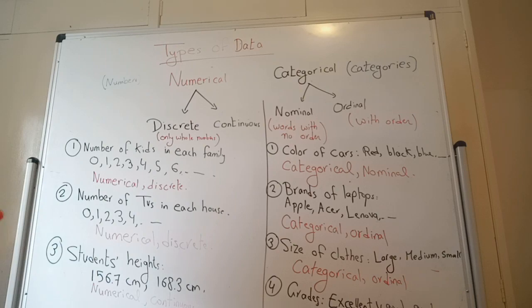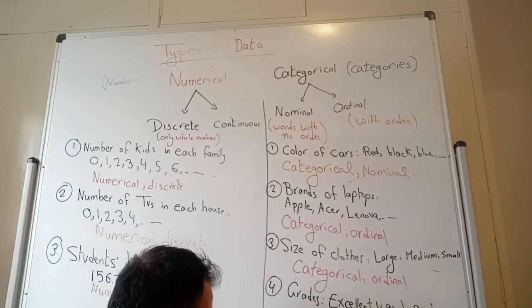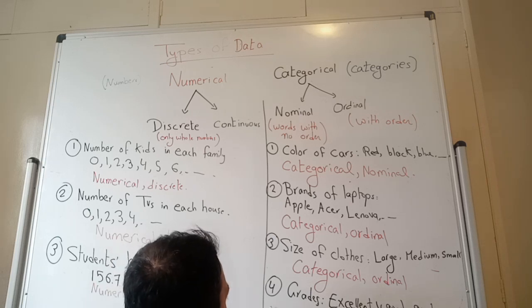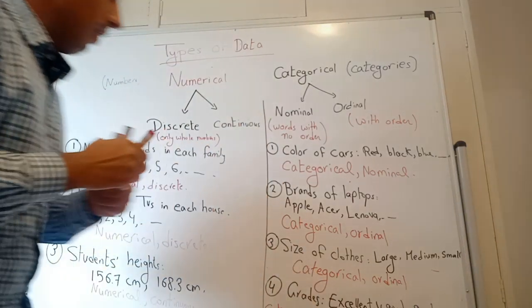So we have order in this case, and they are words. It can be categorical, ordinal as well. Okay? So this is how we classify data.